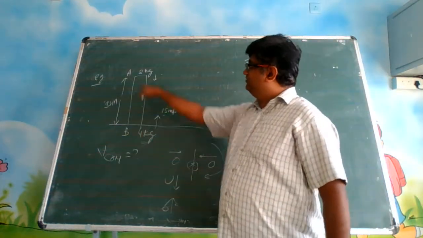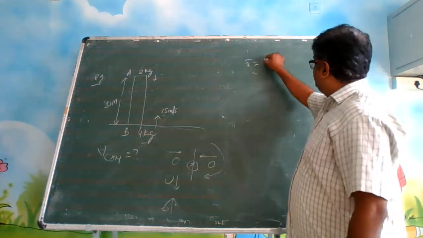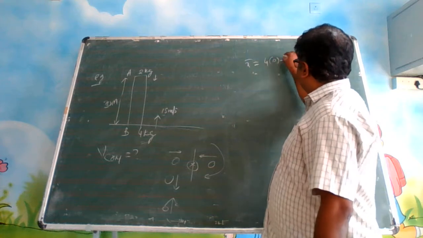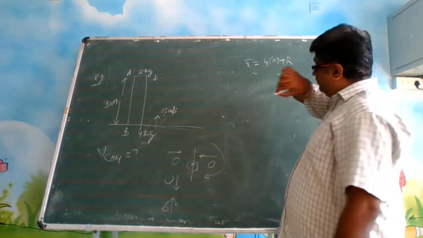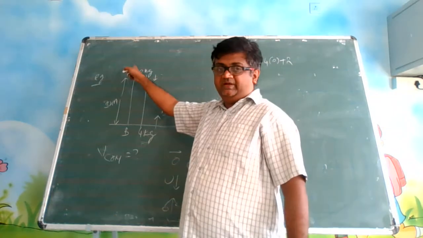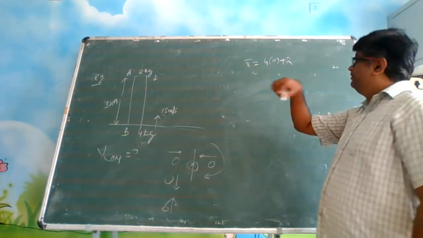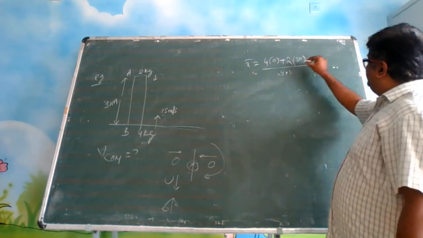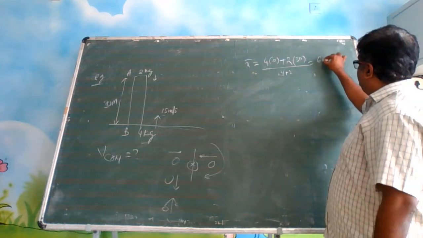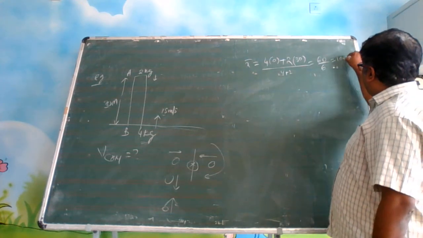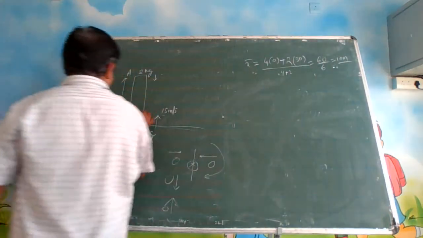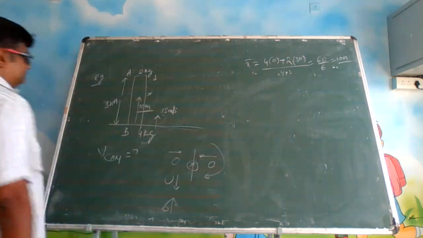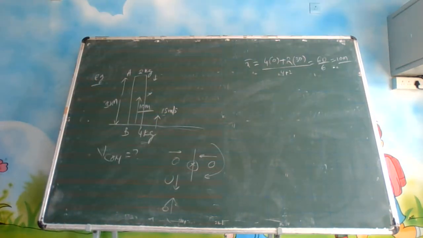Let us call this m1 and this m2. m1 x1, the center of mass of this is here, so it is 4 into 0 plus 2 into 30, since its center of mass will be at 30 meter height initially, divided by 4 plus 2. So 2 into 30 is 60. 60 divided by 6, it is 10 meter. So their center of mass location is somewhere here. This height is 10 meters.